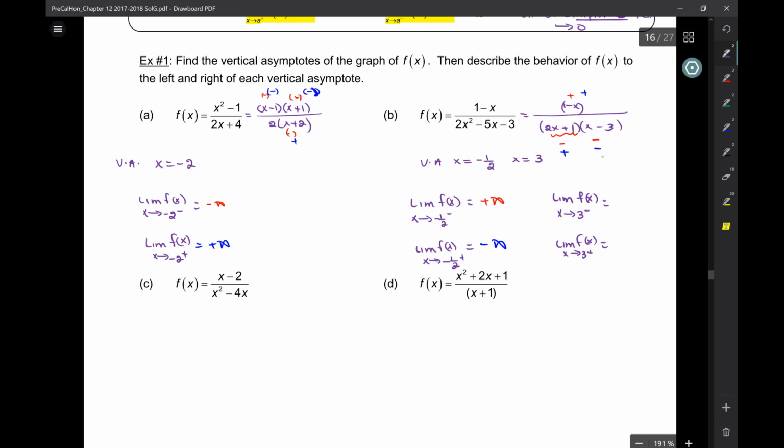So as x approaches 3 from the negative side, what'll it be? Let's do the positive side. It's usually easier for students. So that's like 3.1. If I put 3.1 on top here, we get negative. Here positive, here positive.